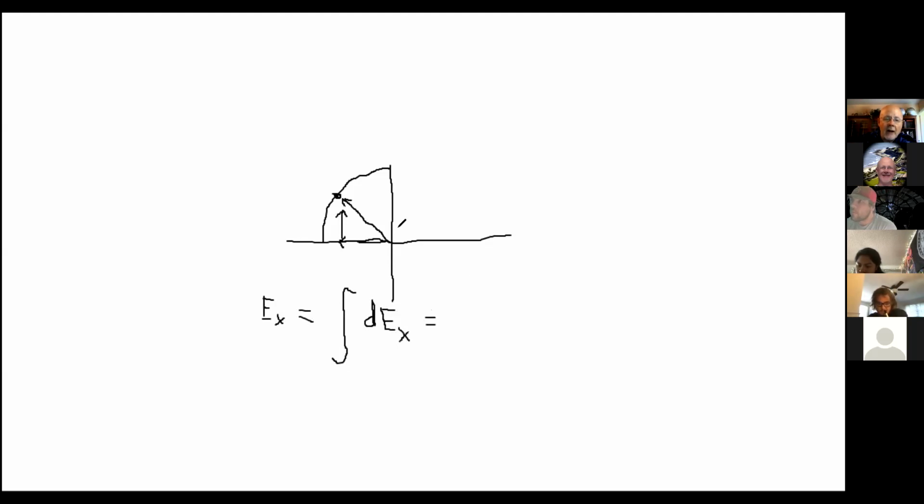And so right here, this angle, if you call that theta, then this would become the magnitude of the electric field multiplied then by cosine of that angle, which I called theta.